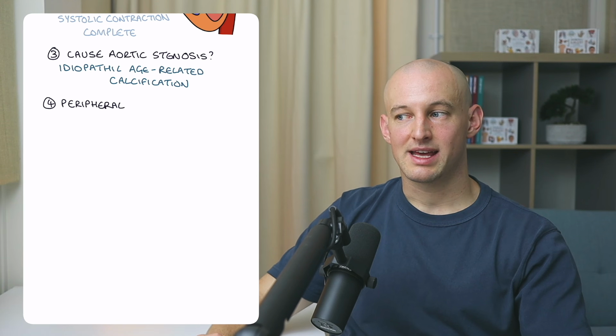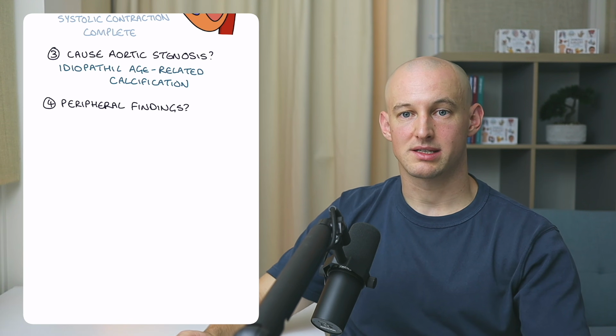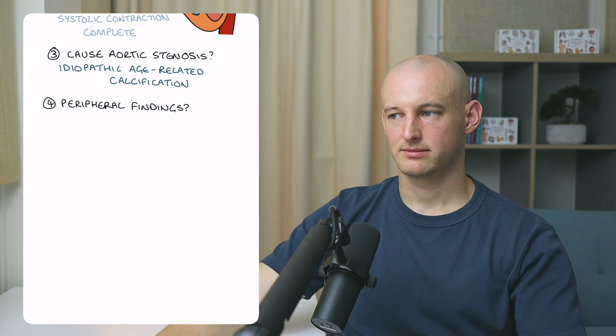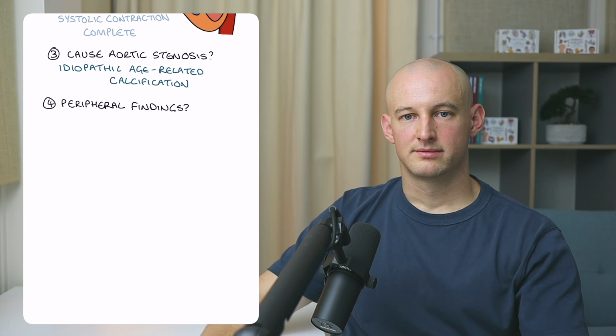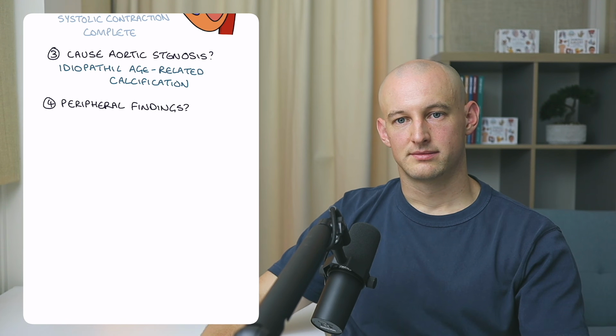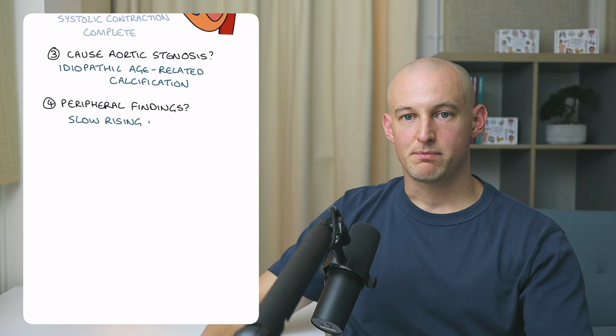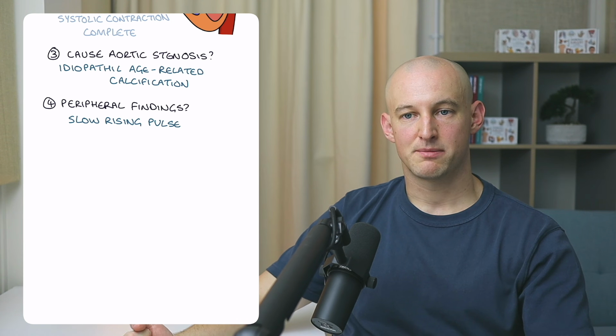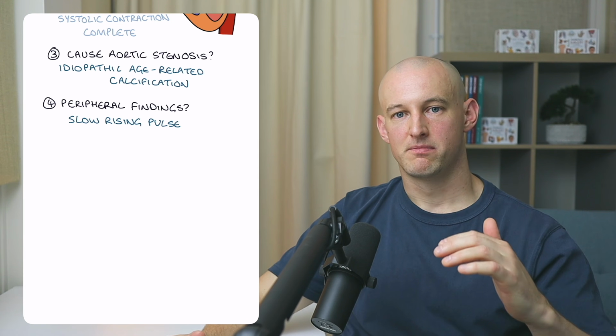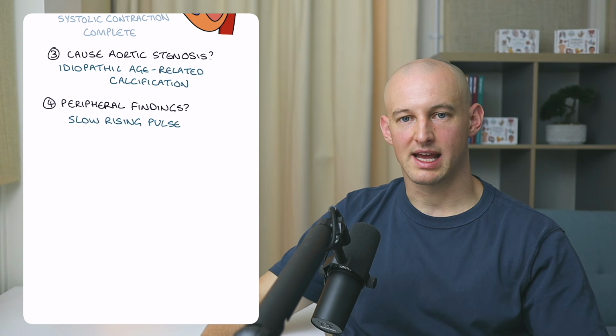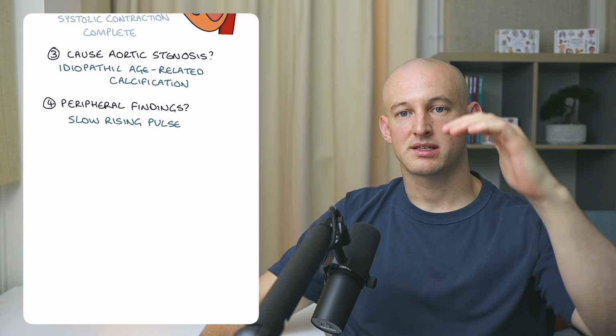Question 4. What peripheral examination findings might you see in a patient with aortic stenosis? Firstly, a slow rising pulse. So when you palpate the pulse, instead of coming up really hard against your fingers, it comes up slowly.